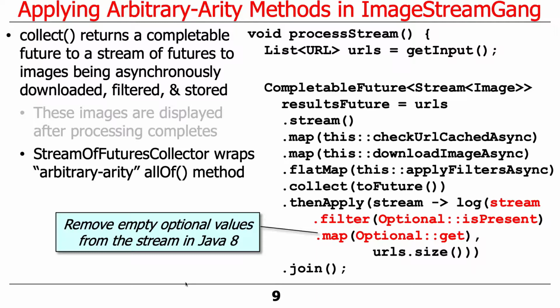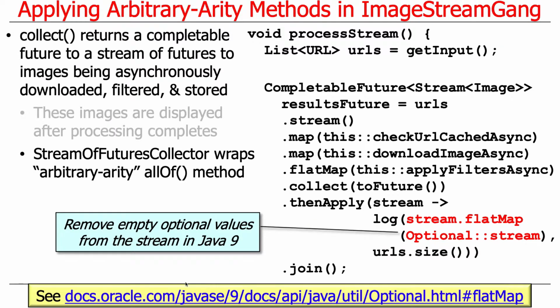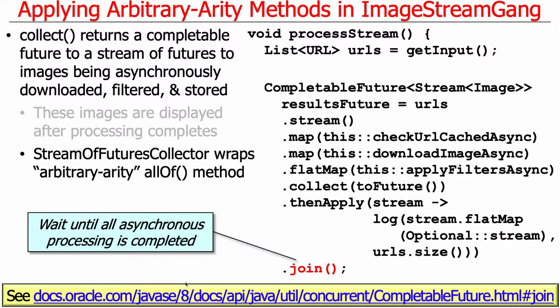It's a bit more verbose. What you do is you filter only optionals that are present in the stream, and then you get the result. So you can see this is a little bit more verbose than this cool Java 9 feature. But sadly, Java 9 is not supported on Android yet, although hopefully at some point it will be. And then we wait for everything to finish by using join.